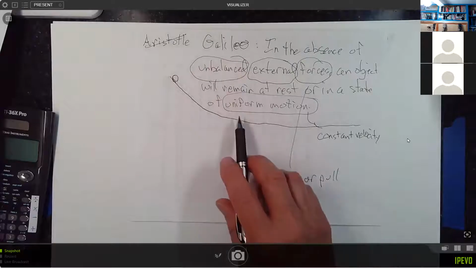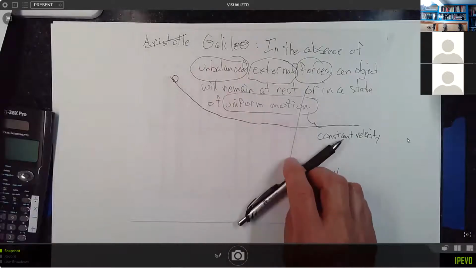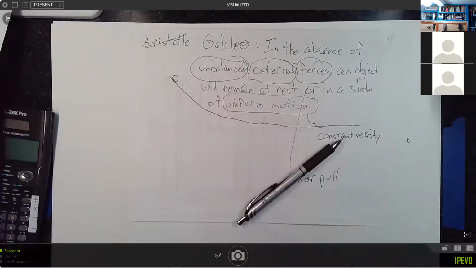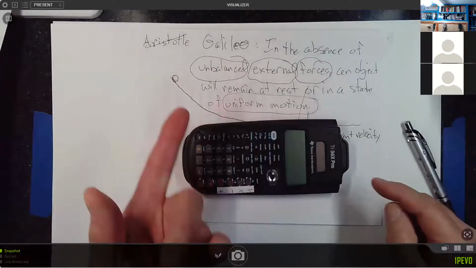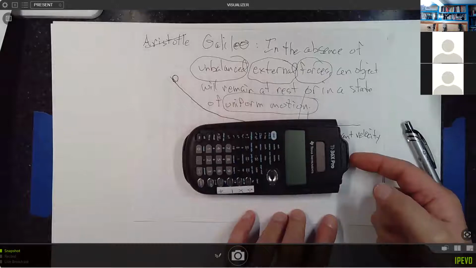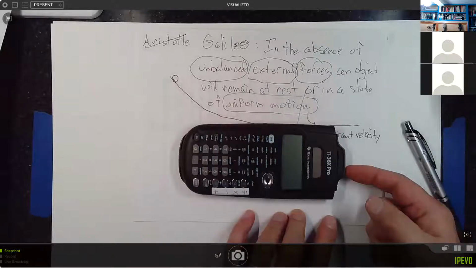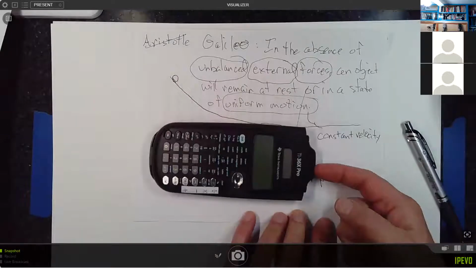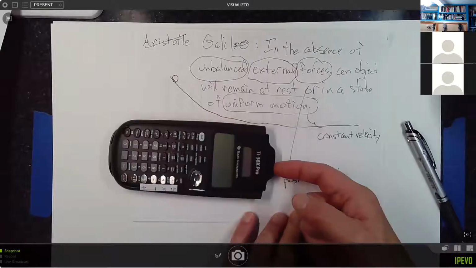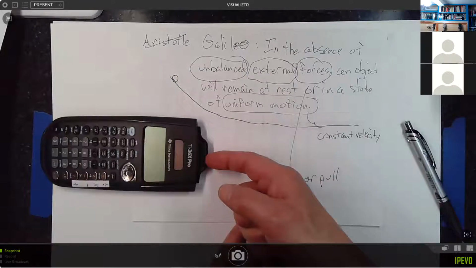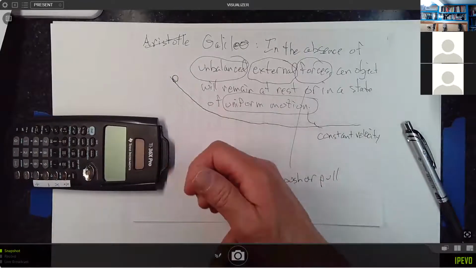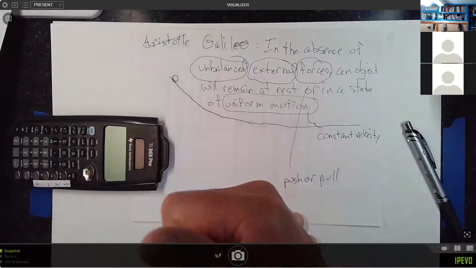Now, this idea of uniform motion. Objects can travel in uniform motion, and I can make my calculator travel in uniform motion, but right now I would have balanced external forces on it. There's me pushing on it, there's friction opposing that push, there's gravity pulling down, and there's the tabletop pushing up.